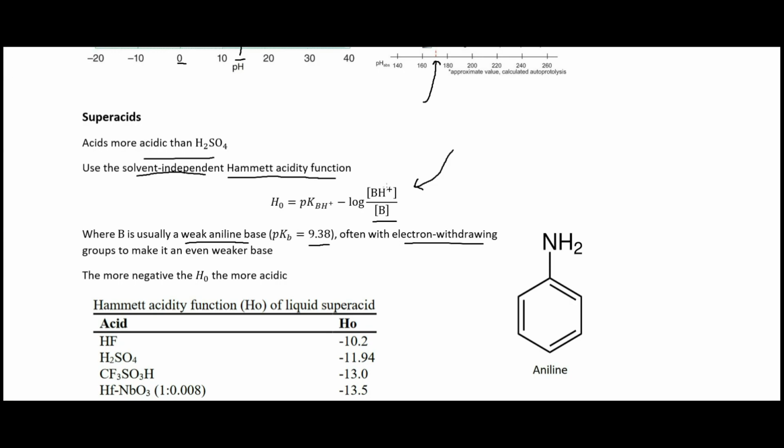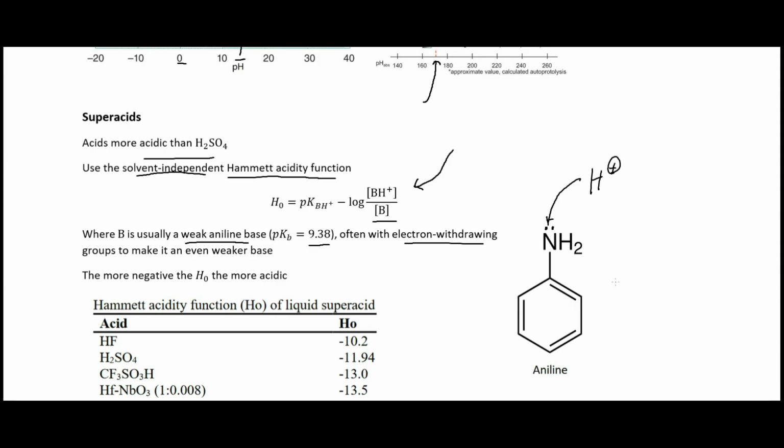Why would they want this weak base? You want to look at an acid that is extremely strong, so you want an acid that can essentially force H plus ions onto this base.